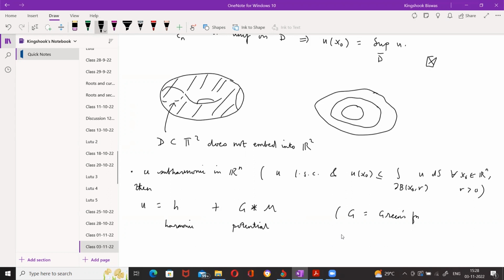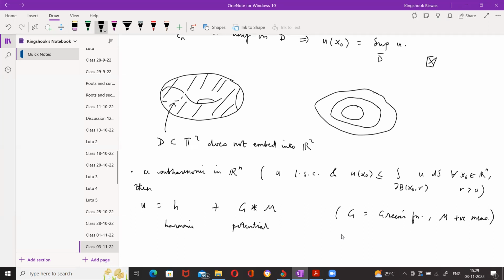Do you remember? Mu is a positive Borel measure. This is the general form of a subharmonic function in R^n. It's a harmonic function plus a potential, where the potential is the Green's function convolved with a measure.